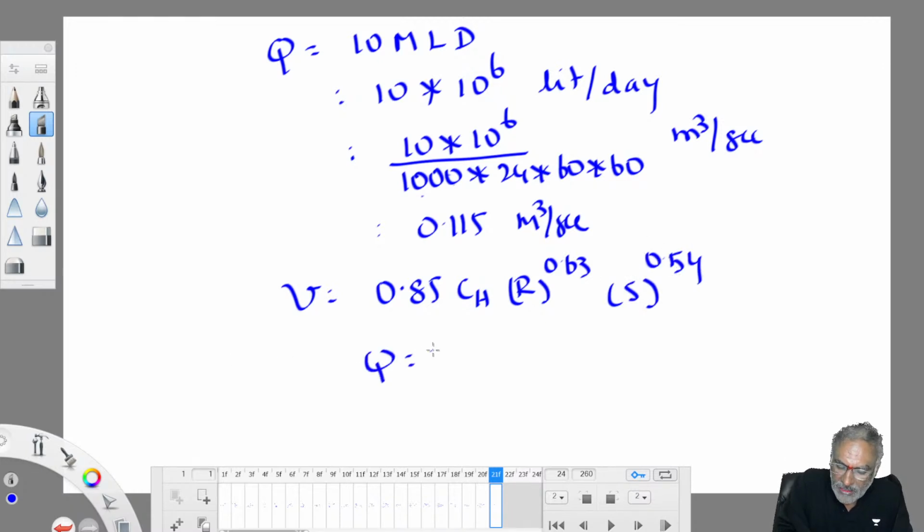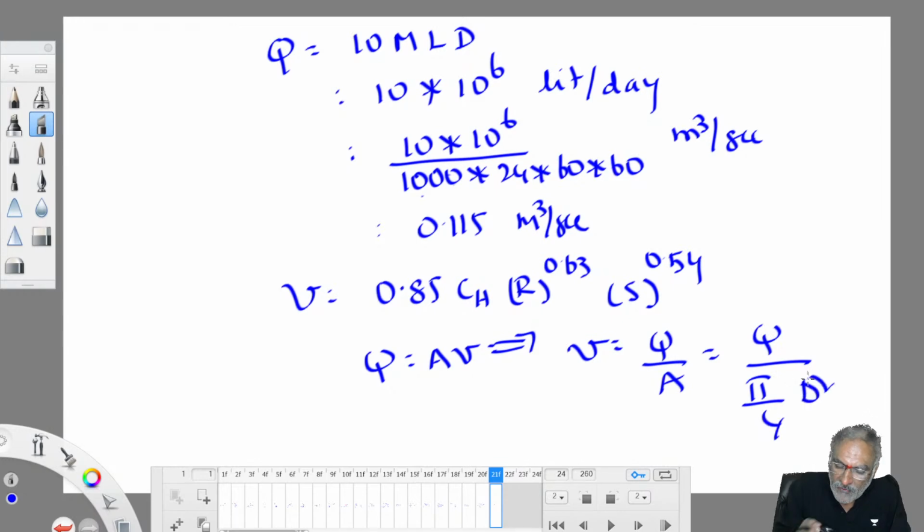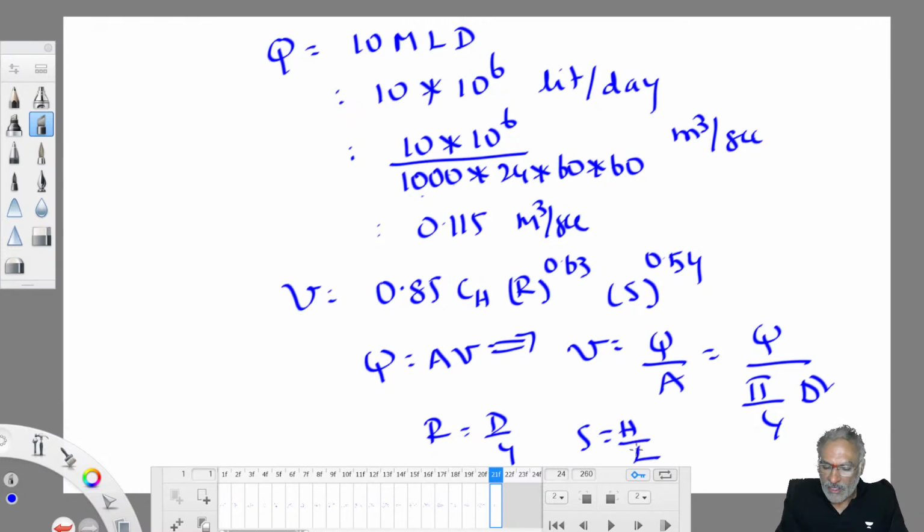So Q is equal to area into velocity. From this you can write velocity is equal to Q by area, so Q by pi by 4 d square. And R is equal to D by 4 and S is equal to H by L. So everything is known. Now formula substitution.